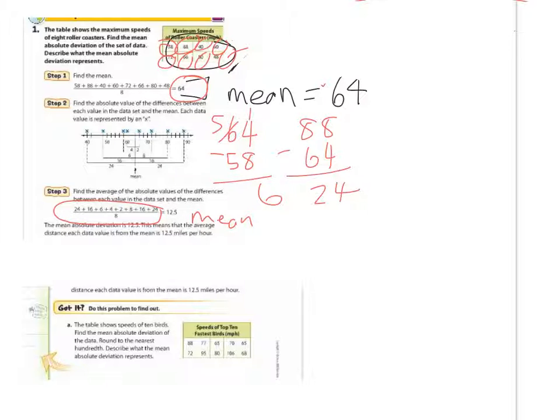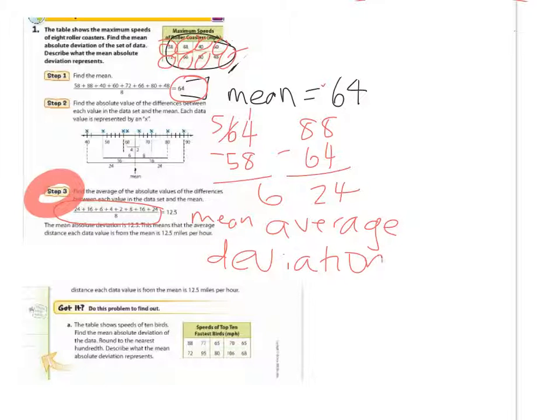Once you divide them by the exact number, and I'm over here on step 3, you get the actual mean absolute deviation. Yay! And that is your MAD. My MAD is 12.5. Here it is.